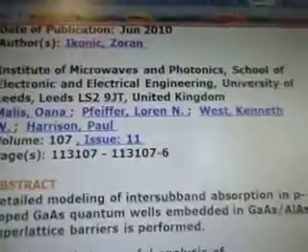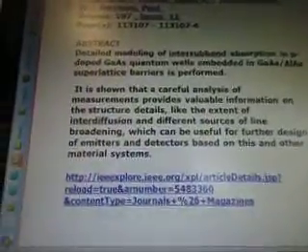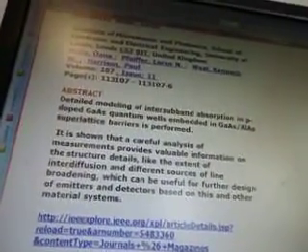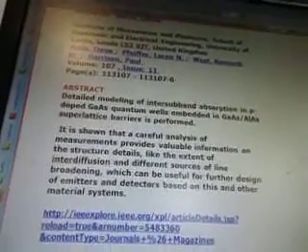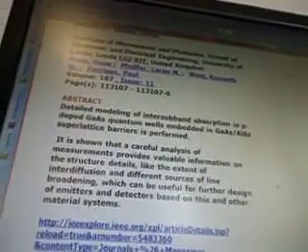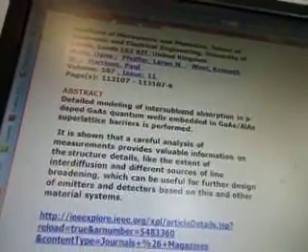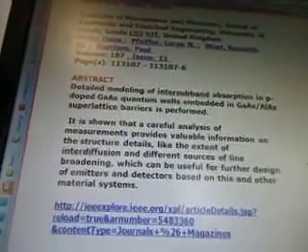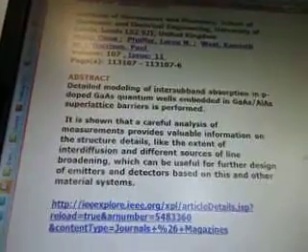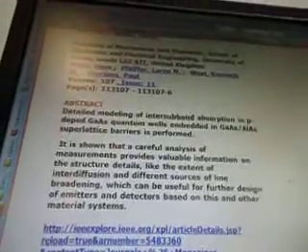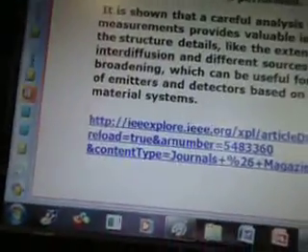And there's all the people that worked on it. Abstract. Detailed modeling of absorption in p-doped GaAs quantum wells embedded in GaAs, AlAs superlattice barriers is performed. It is shown that a careful analysis of measurements provides valuable information on the structure details, like the extent of interdiffusion and different sources of line broadening, which can be used for further design of emitters and detectors based on this and other material systems. So it's from ieeexplore.ieee.org. Okay?